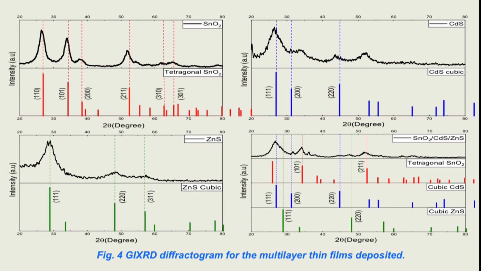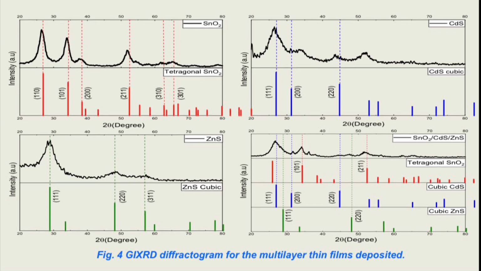First of all, the XRD. We can see here the different diffractograms, first for the thin films separately, and finally for the multi-layer structure. For all of these thin films, we can compare with the literature and find all the diffraction planes for the materials.